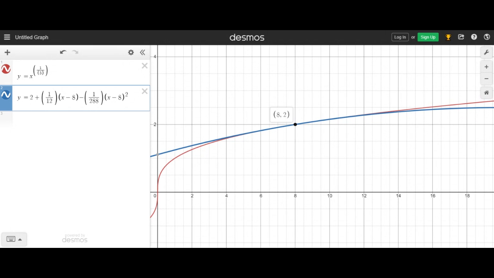Now, as you move away from a equals 8, do you see how the polynomial approximation to this cube root function gets worse as you move away? Do you see that? And we would expect that.